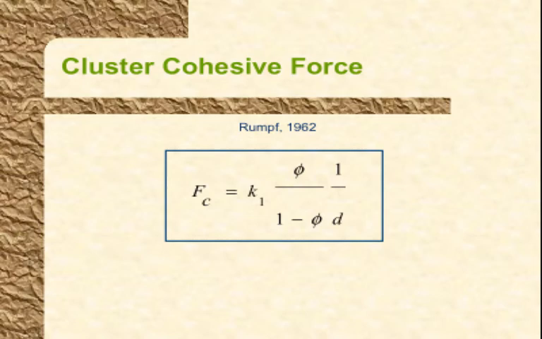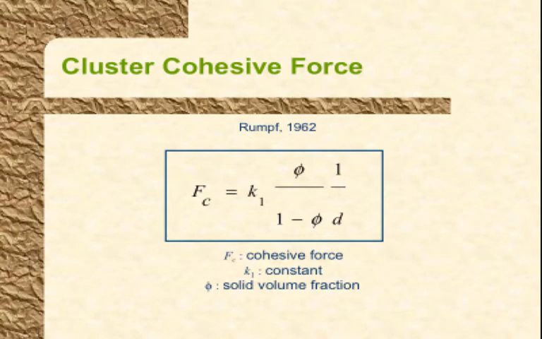So in soil mechanics, in civil engineering, people have looked at how those agglomerates are put together as a function of these parameters: particle size, then the volume fraction of particles, and some kind of a cohesion constant.